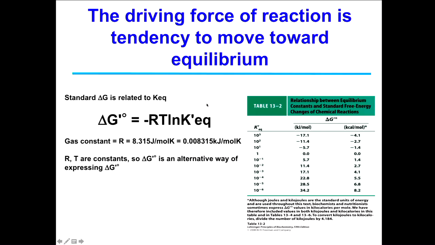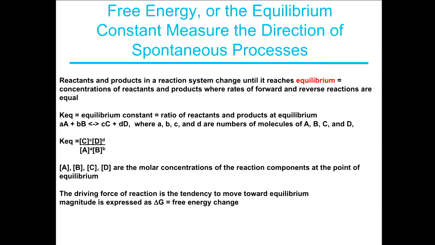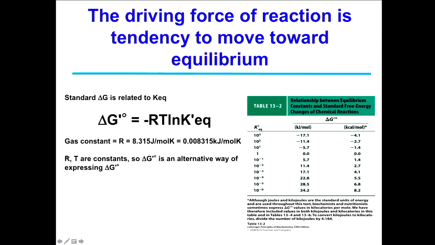So if I say, here's some concentrations of substrates and products for a particular reaction at equilibrium, you can plug it into this equation and get your K equilibrium, your equilibrium constant. Plug it into this equation here, and you can figure out what the free energy change of that reaction is.